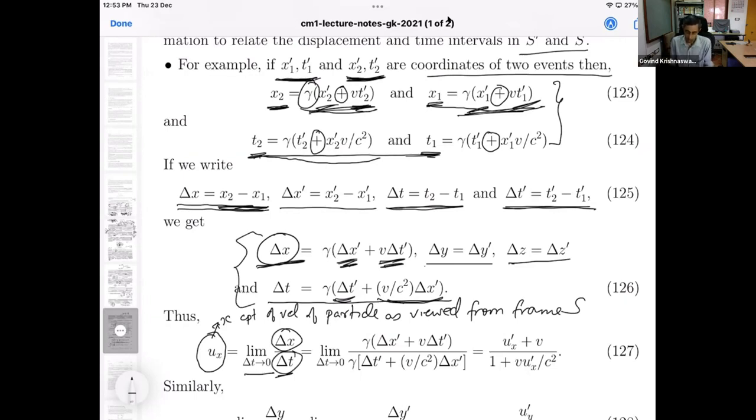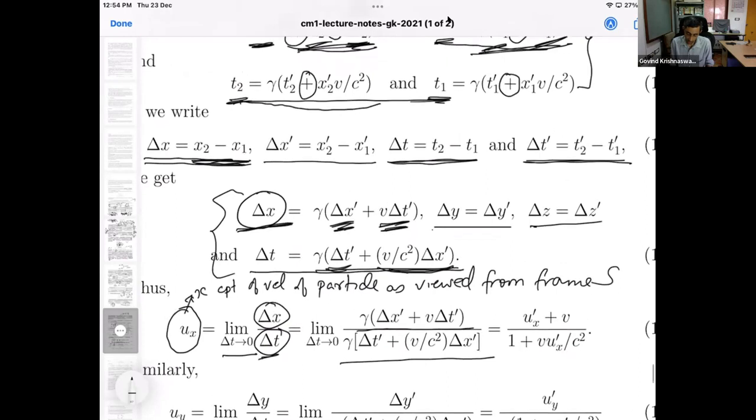Numerator is gamma times delta x prime plus v delta t prime. Denominator is gamma times delta t prime plus v upon c squared delta x prime. All right. So now we are ready to do some cancellation. The gammas cancel. And then we will divide numerator and denominator by what? Please tell me. Delta t prime. Very good.